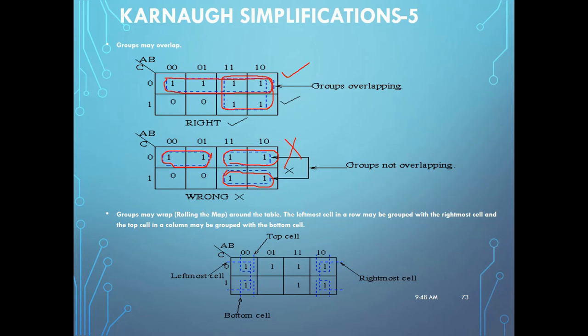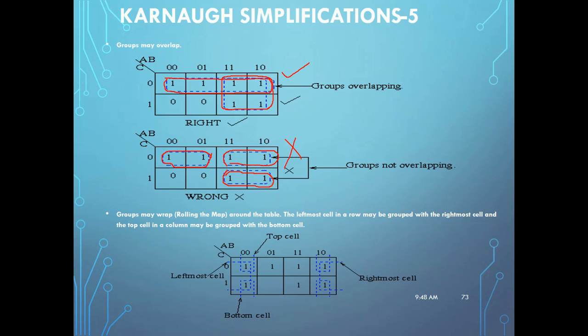You should not group in this manner, because we have to find the largest group possible in the K map. So which is the largest group possible? You can group a quad here, or you can group four ones. That is the right manner of grouping. The other is totally wrong, because you have done pairing.